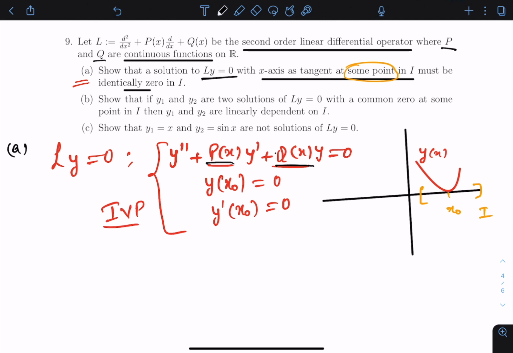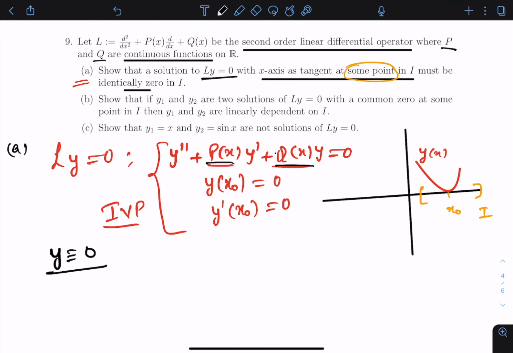In the lecture, we had given the statement of the existence theorem for kth order linear ODE. So it satisfies those conditions where p and q are continuous, and this will have a unique solution. But we already know y equal to 0 is a unique solution to this problem, right?